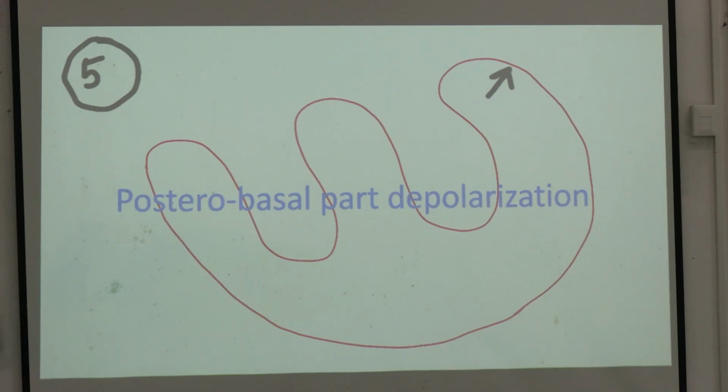In the cardiac cycle of 0.8 second, these 5 vectors operate: 1, 2, 3, 4, 5, again 1, 2, 3, 4, 5, and you are getting the ECG. You get PQRST, PQRST, PQRST in your ECG.